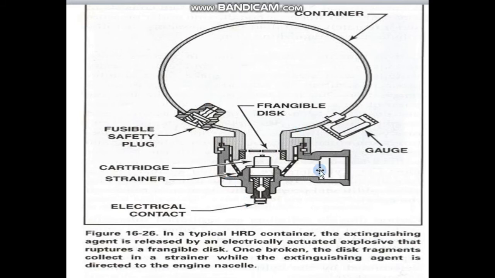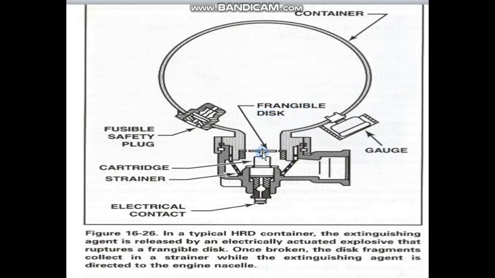As we see here, this is our frangible disc, and this is the fusible safety plug. Now, when we have an electrical signal that comes, it will push the cartridge and it will break the frangible disc.